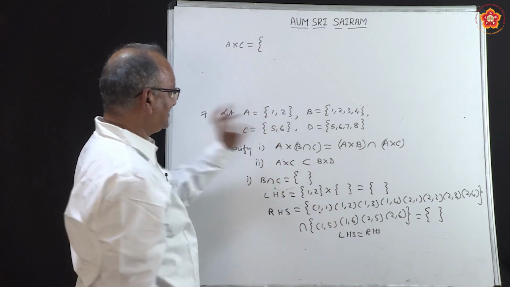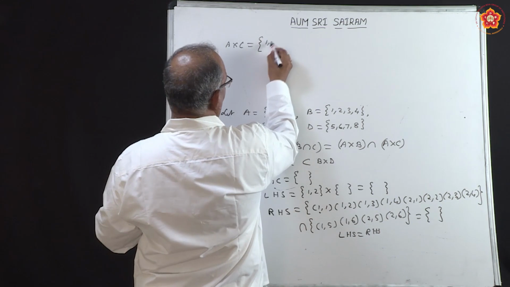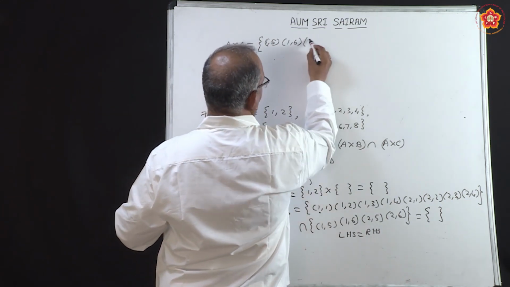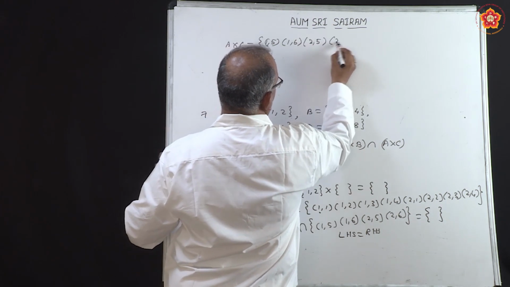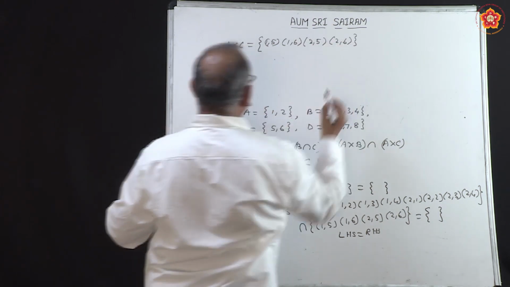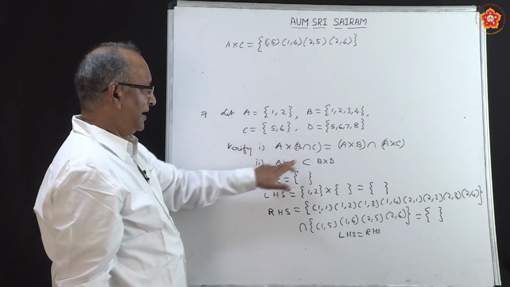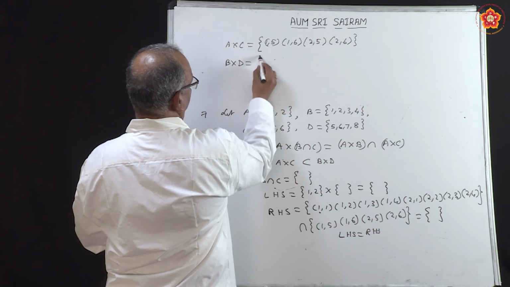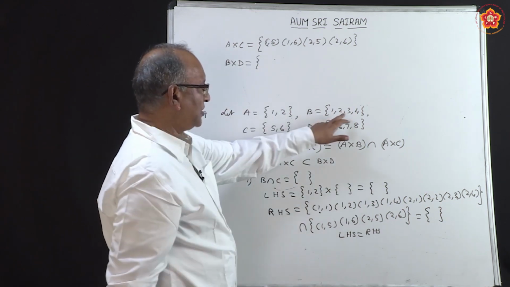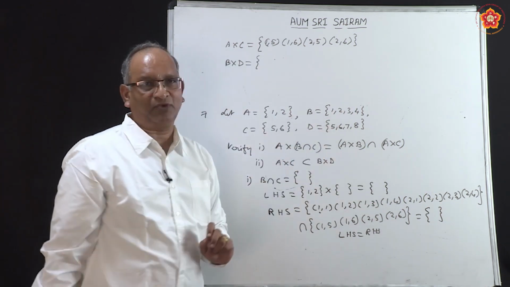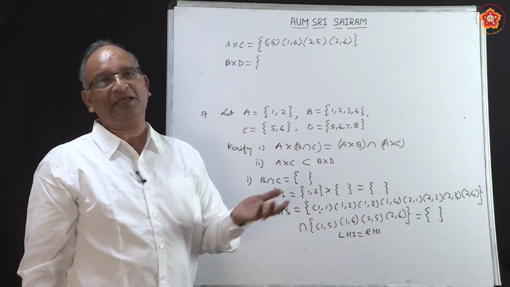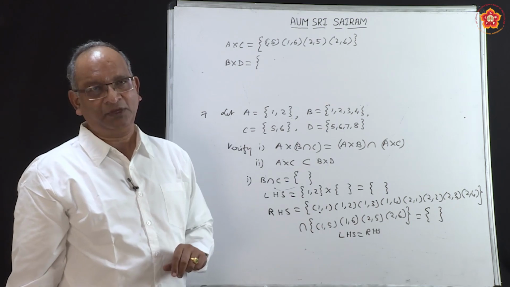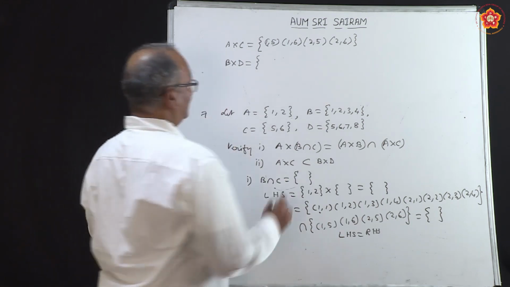This is A and this is C. So write down: (1,5), (1,6), (2,5), (2,6). These are the elements of A cross C, and then B cross D. Look at B and D. B has 4 elements, D also has 4 elements. How many elements will B cross D have? 4 into 4, 16 elements. Write all 16 elements.